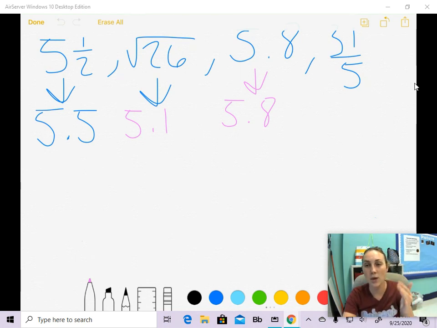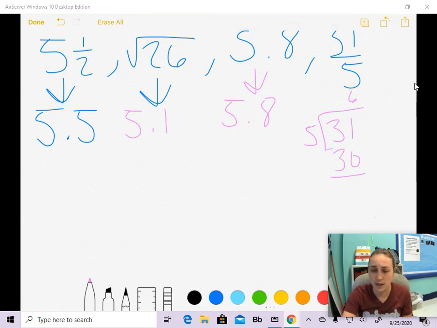So this is going to be 31 divided by 5. 31 is going to go in our doghouse, and 5 is going to be knocking on the door. 5 goes into 31 6 times. 6 times 5 is going to be 30. If we subtract 30 from 31, our answer is going to be 1.